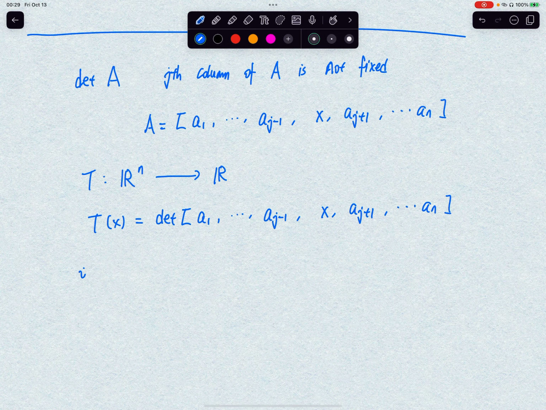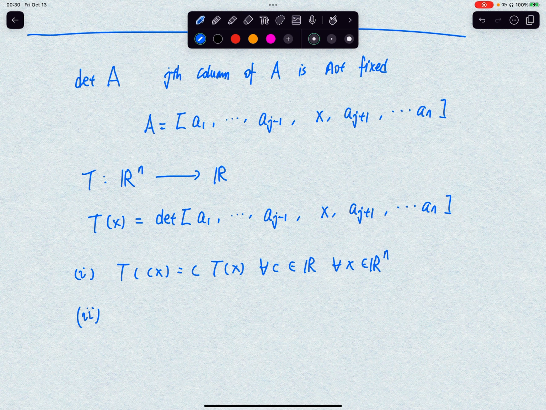First of all, T of cx equals c times T of x. This holds for all real c and for all n-dimensional real vectors x, by the above results we just mentioned. And second of all, T of u plus v equals T of u plus T of v for all n-dimensional vectors u and v. And this linear property of the determinant turns out to have many useful consequences in applications or advanced study in matrix theory.